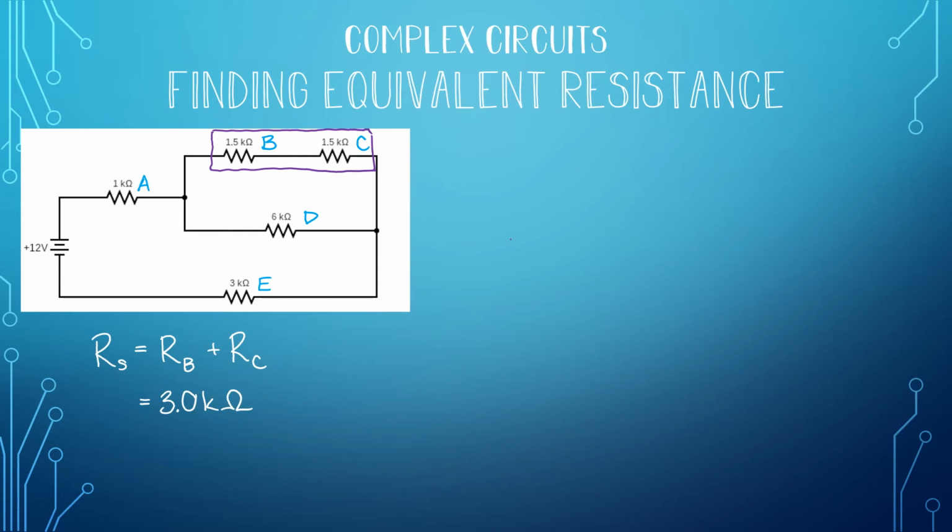The next thing you must do is to draw a new circuit diagram once you've combined resistors. This may seem like an unnecessary step until you get to the next video where we're looking at some VIR charts, and then it'll be really important and you'll understand why we do this.